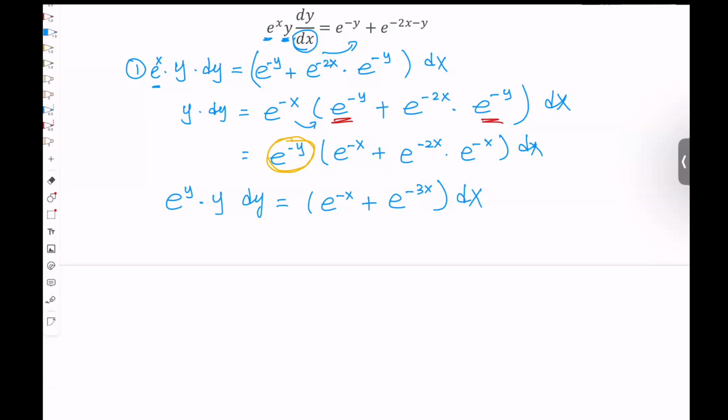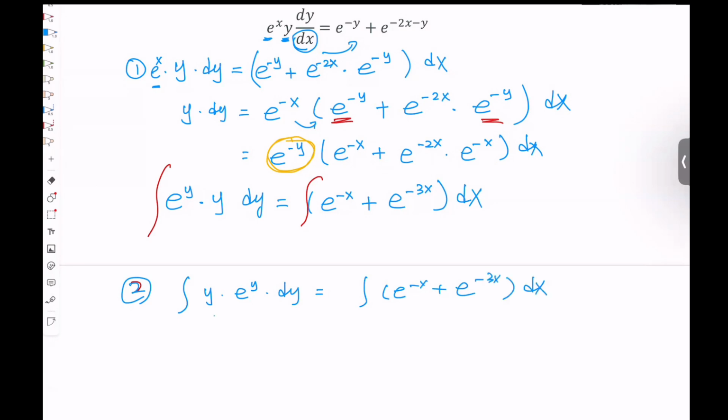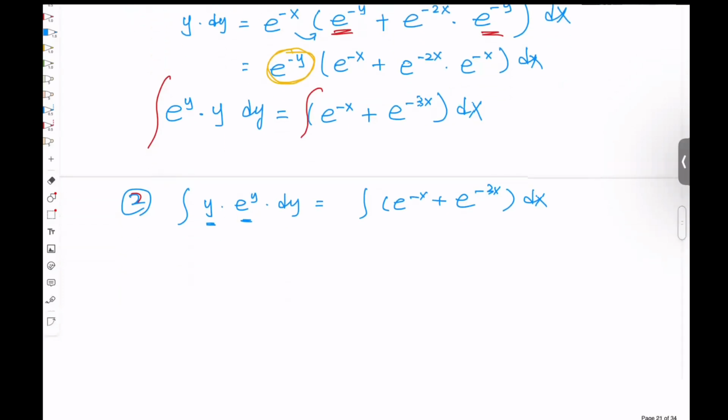Now we need to take the integral. Step number 2, integral y e to the y dy equals integral (e to the negative x plus e to the negative 3x) dx. The left hand side, we have two terms, so we need to do integration by parts.